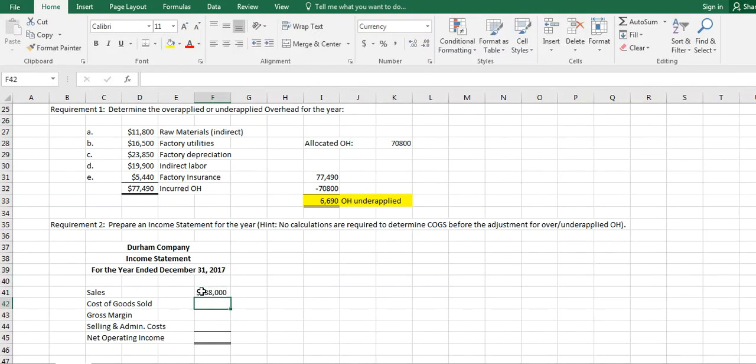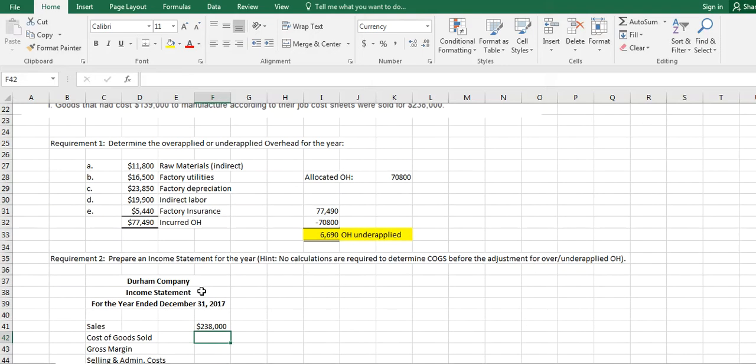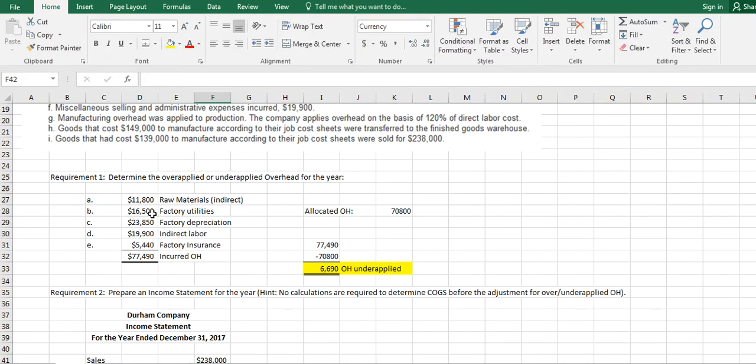Our cost of goods sold, and this is where this no calculations are required to determine cost of goods sold before the adjustment. So what they're saying is the cost of goods sold was given to us, but it's not quite right because we under applied our cost of overhead. So we're back to this: goods that had a cost of $139,000 according to their job cost sheets.